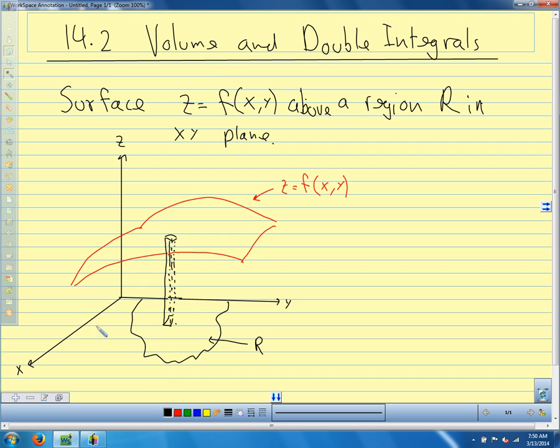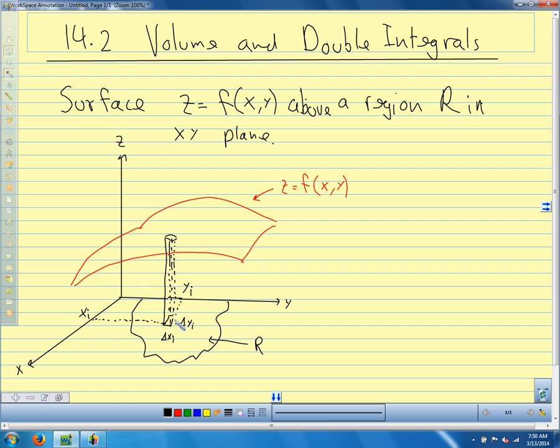And we're going to call this x coordinate here x sub i, because we're going to add a bunch of these up. x sub i, and back here is y sub i. And the area of the base of this prism is going to be delta x sub i and delta y sub i.